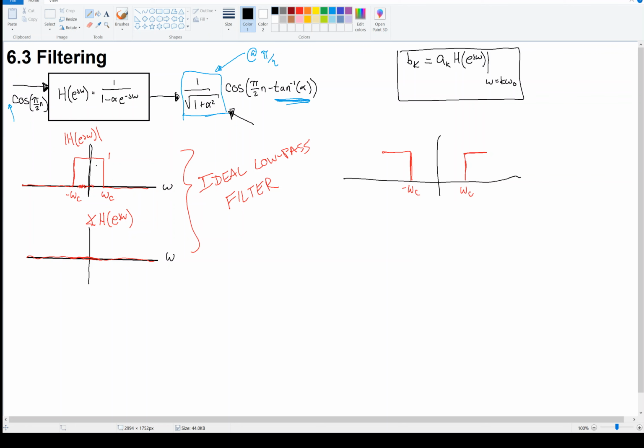This is the omega axis here, and this is the magnitude response. For frequencies less than omega c, they get attenuated perfectly, meaning they don't get through at all. And for frequencies larger than omega c, they get scaled by 1, so they get through perfectly. So this would be a high-pass filter.